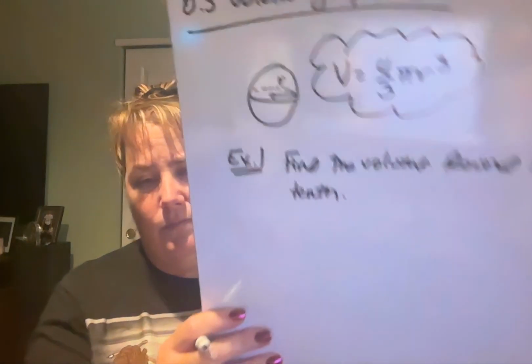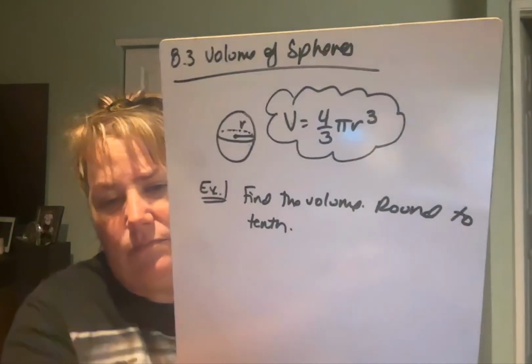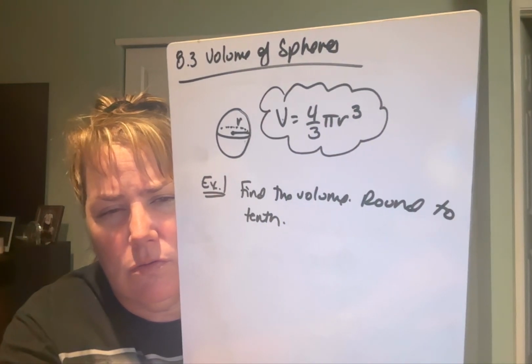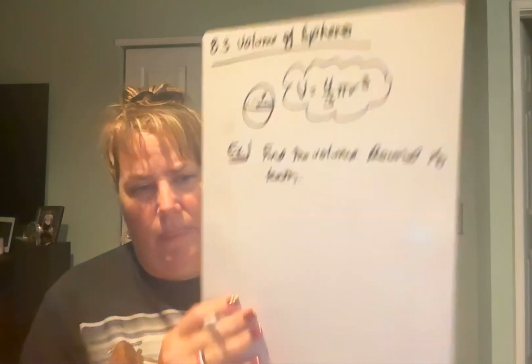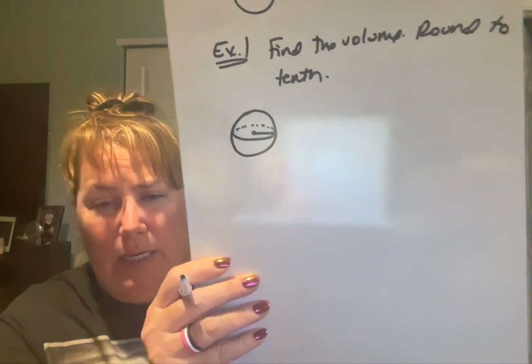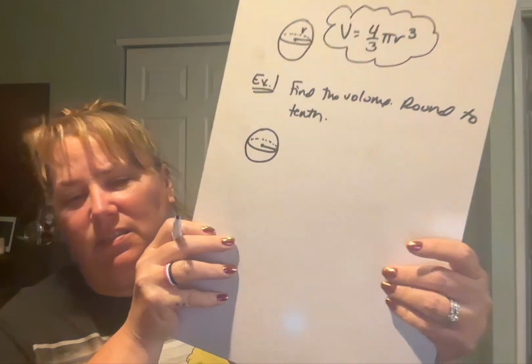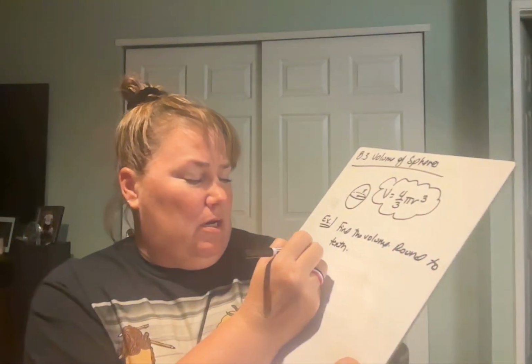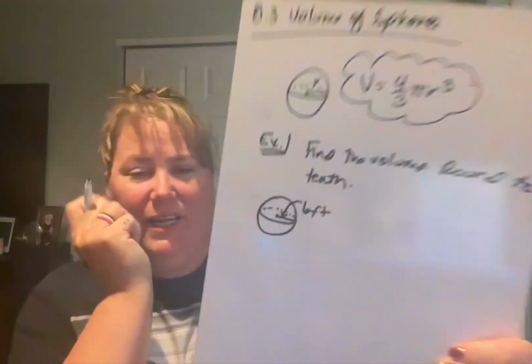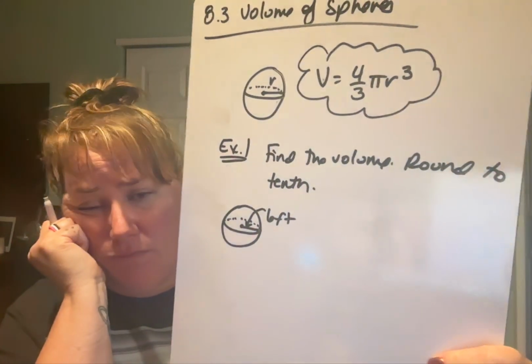Round to the tenth. Okay, so draw a sphere. Let's go with a radius. Let's go radius 6. Let's make it large. 6 feet. That's that guy right there. It's 6 feet.